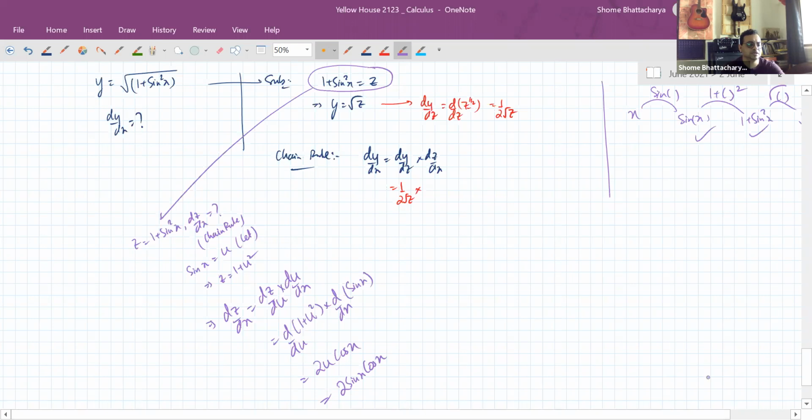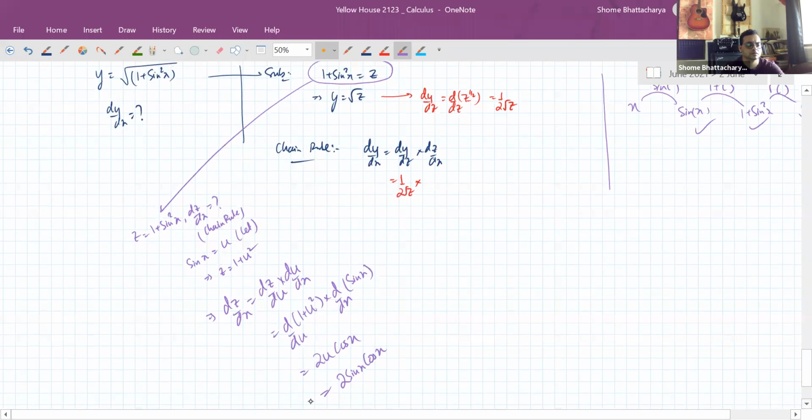So this is our dz by dx. So this is what we'll now substitute. So z was 1 plus sine square x. Okay, so this 2 also cancels. Square root of z.